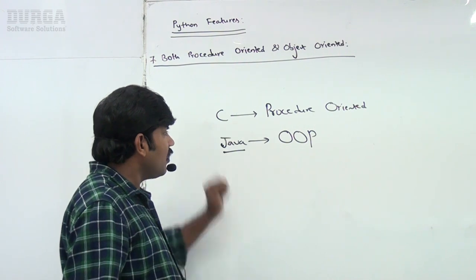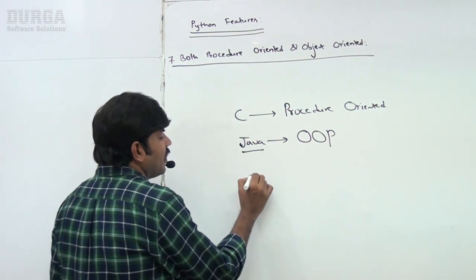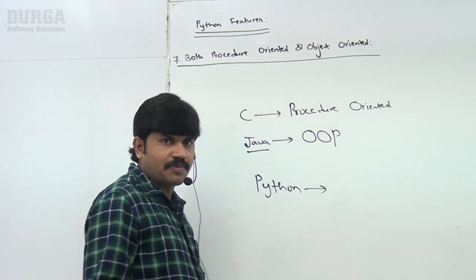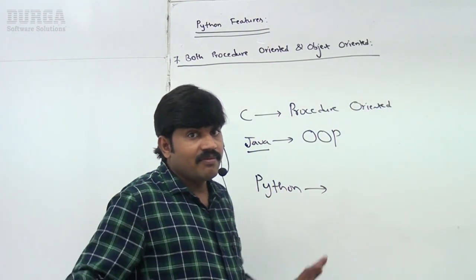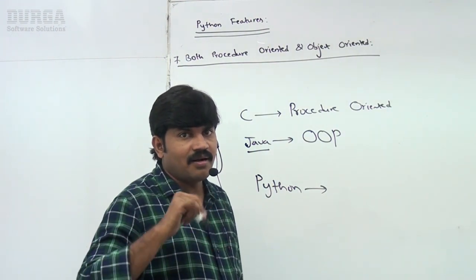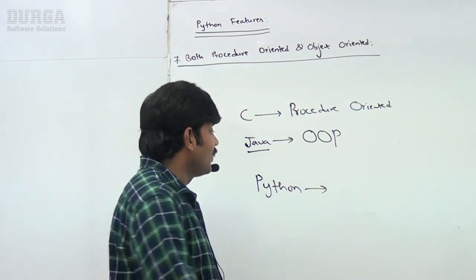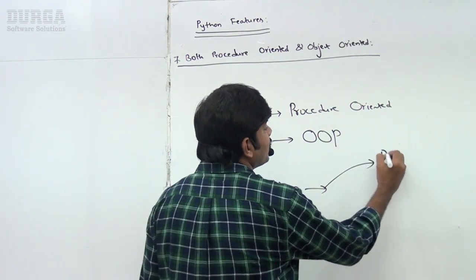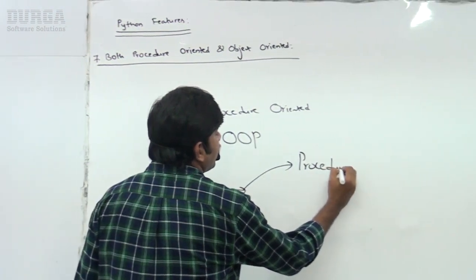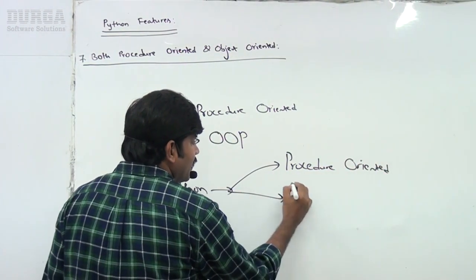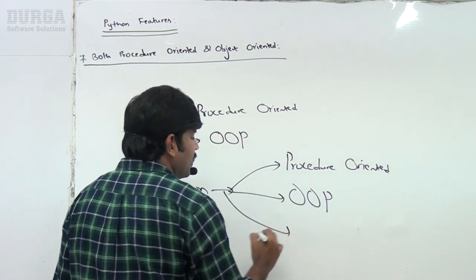Okay, sir, now if I ask Python, what about you? Python is going to tell, very simple, man, I am an all-rounder. Yes, myself is a procedure-oriented programming language. Myself is an object-oriented programming language.